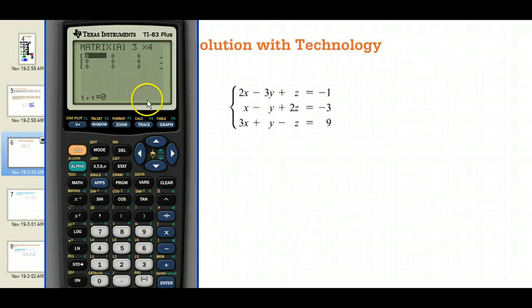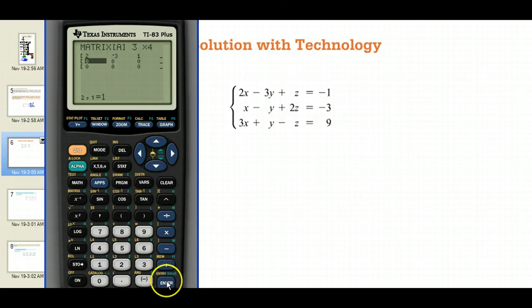Now once you've got it in there, you just type in the coefficients. Don't type in x, don't type in y, just type in the coefficients, and don't forget not to leave off the sign. For the negatives, use the negative button for the negative number. Don't use minus or it'll tell you an error. And for things like this, 1z, just put a 1. Don't put a 0, there is a z there.